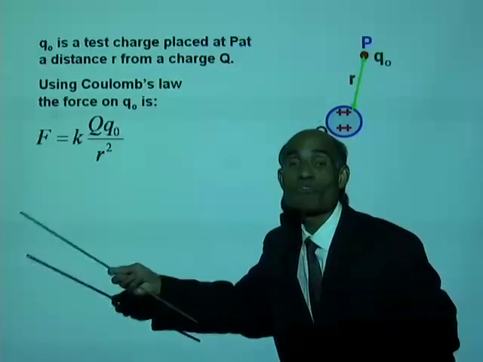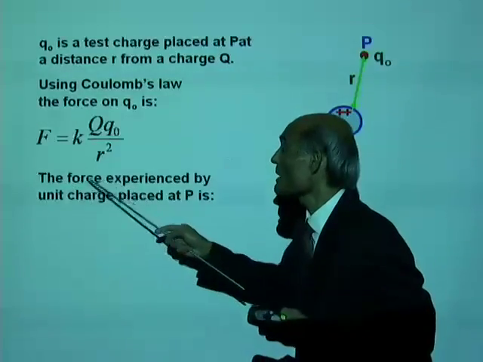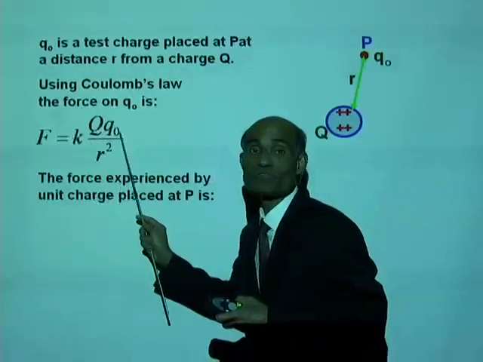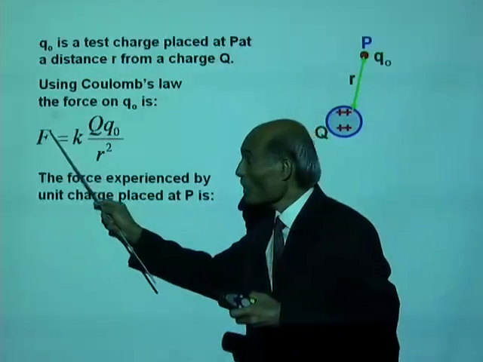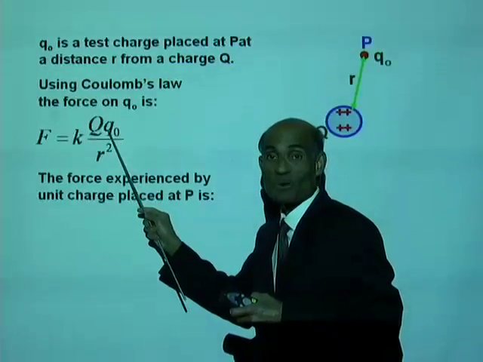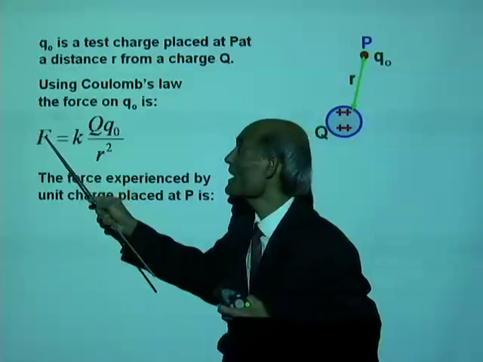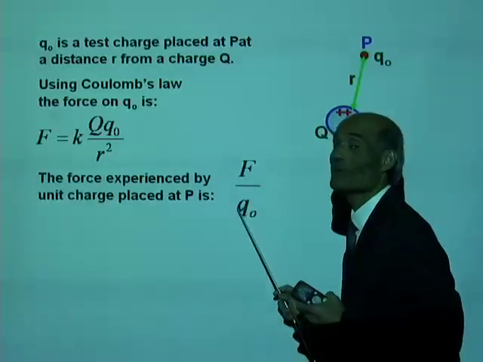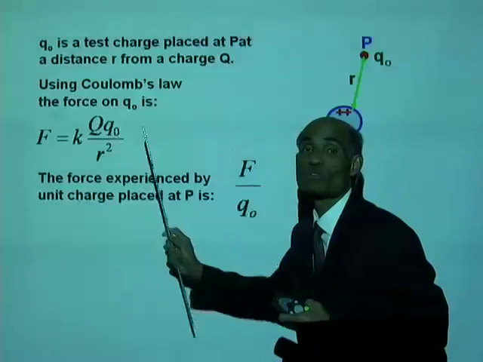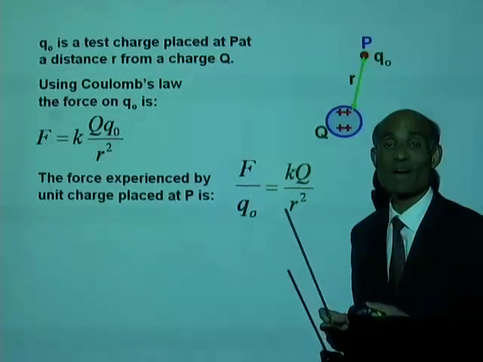What will therefore be force per unit charge? The force experienced by a unit charge placed at P will be this force divided by Q0, because this force is experienced by a charge Q0. Therefore, what is the force per unit charge? It will be F over Q0. And when you divide this F by Q0, the Q0 will cancel, giving us KQ over R squared.